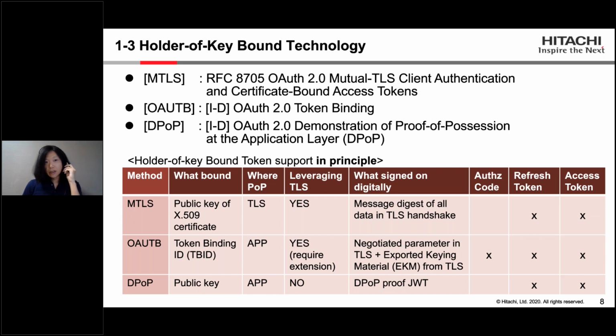So to realize this holder-of-key bound token, I found the following three major standard technologies: MTLS, OAuth2 Mutual-TLS client authentication and certificate bound access token; OTB, the OAuth2 token binding; and DPoP, OAuth2 demonstration of proof of possession at the application layer.